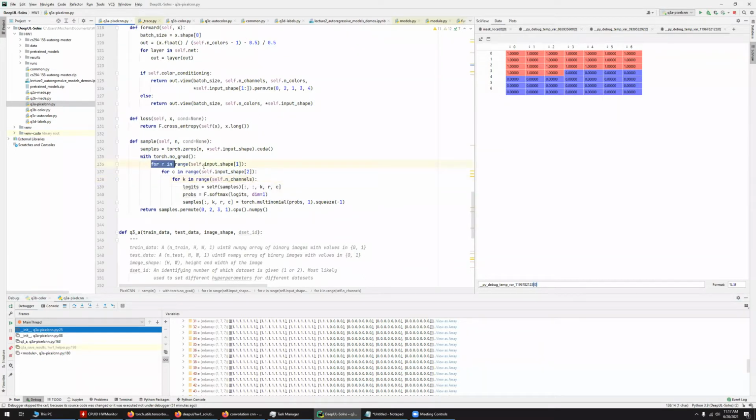But just like with MADE last time, what it does is go through each pixel, and then go through each channel, and ask self.sample. So it says run this through the forward, do a forward pass on this, do a softmax so you have probabilities, and then just do a binomial coin toss between the values given.